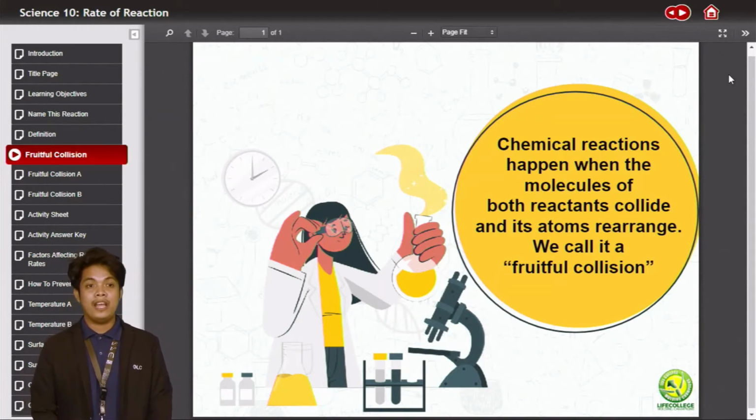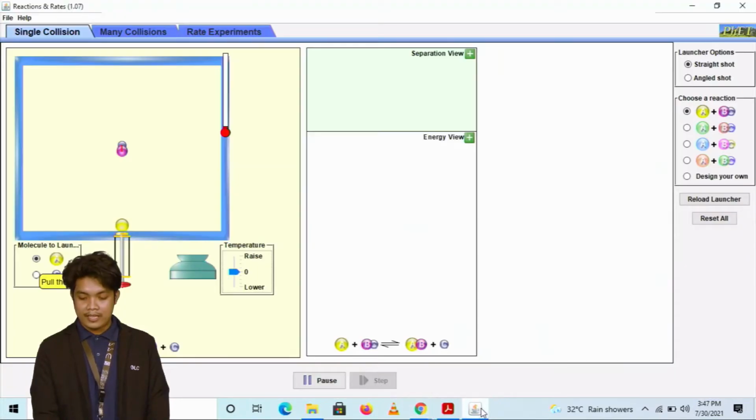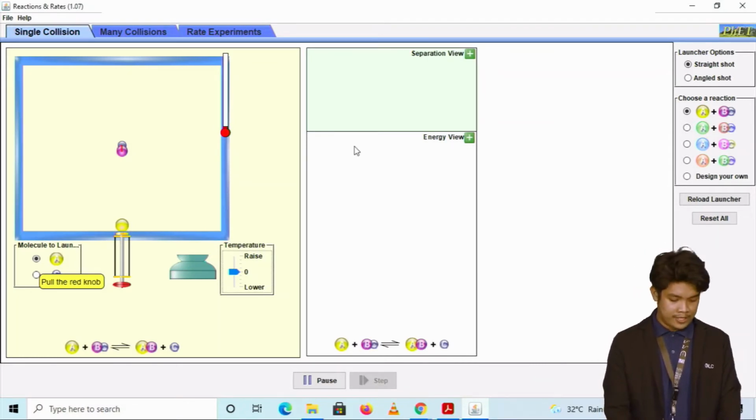Right now I will change into our simulation so that you can have a better understanding. We will use the interactive simulation by PhET from the University of Colorado. Our first situation is this one.